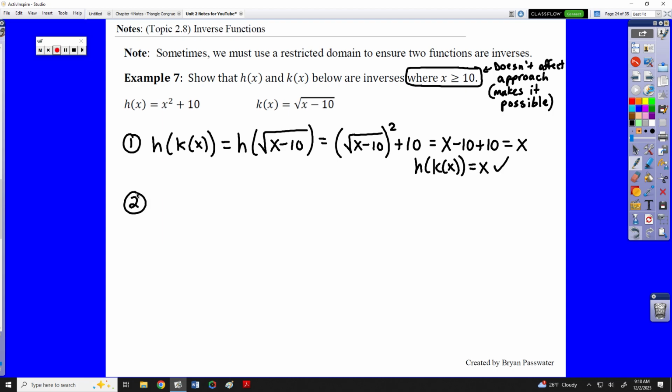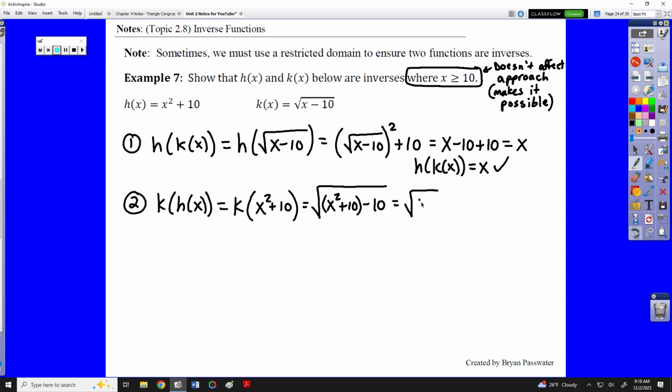Okay, the second, we do k of h of x. Now again, that approach means we are plugging x squared plus 10 into k of x. So we're plugging x squared plus 10 underneath the expression for x. Well, the plus 10 and the minus 10 would cancel each other out, leaving the square root of x squared, which is equal to x.